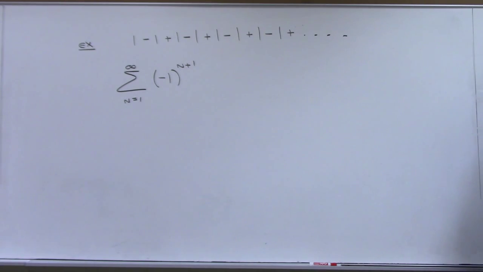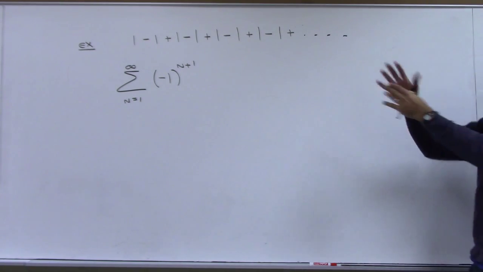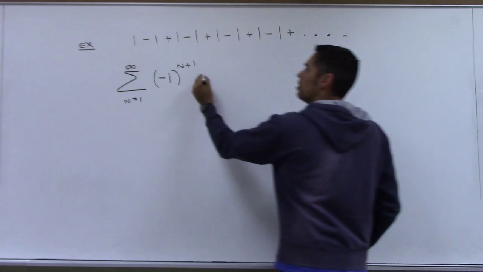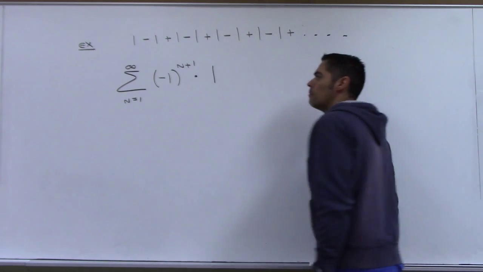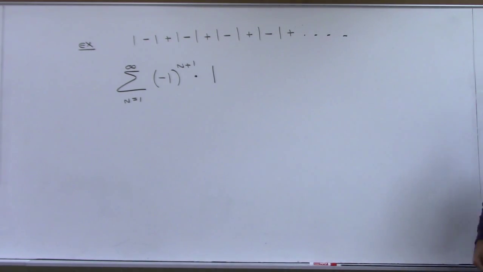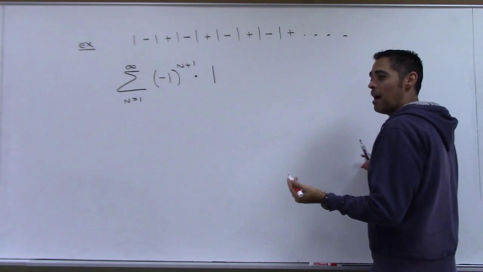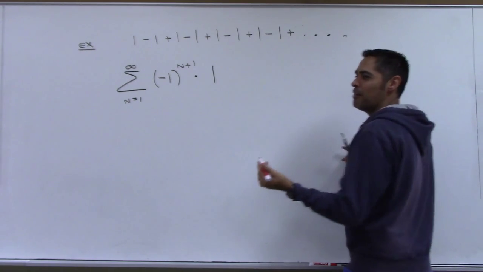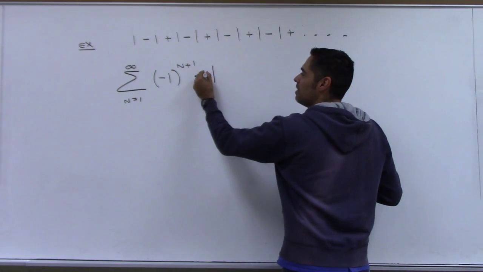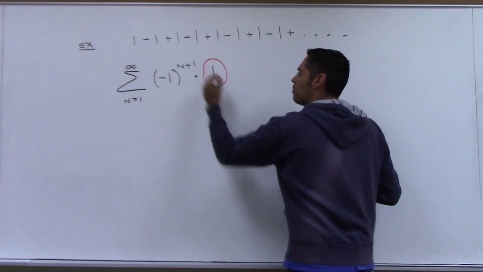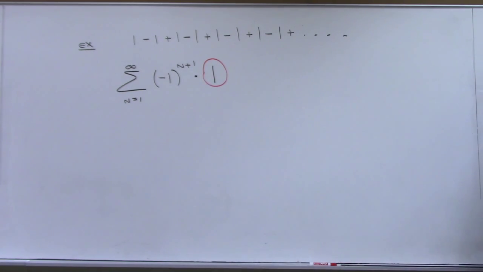What's that? Just 1. Well, it's not getting bigger. They're not getting larger, right? So just 1? You could put n over n. You could also put n squared over n squared. You could put pi over pi. You put whatever you want, right? One is infinitely representable, right? You can represent it with an infinite number of ways.